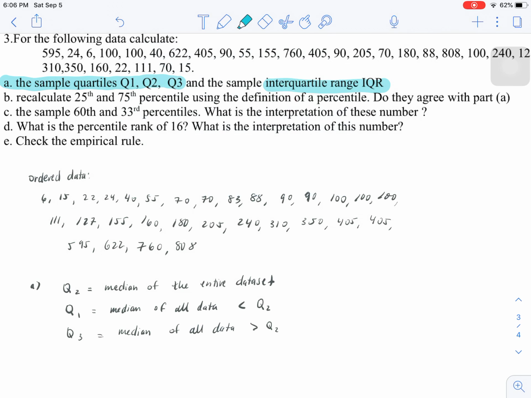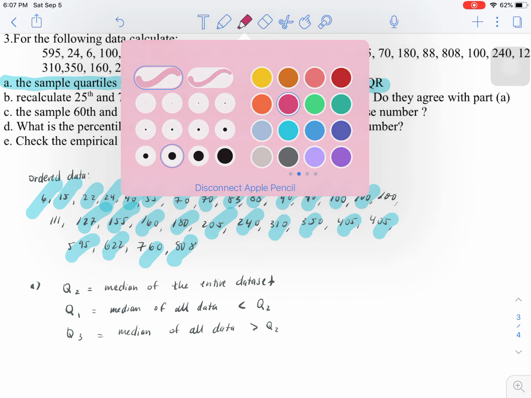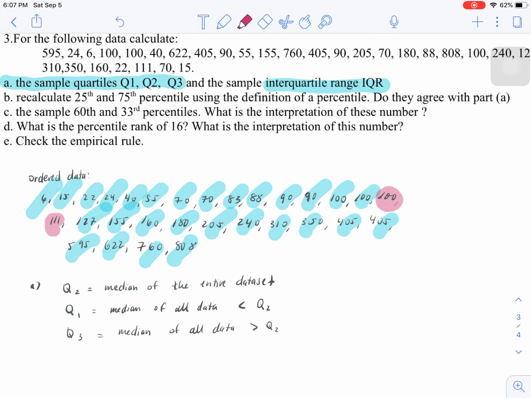To do that, I'm going to cross off data points, 1 from each side, until I get to the data points in the middle. Cross these off. Almost there. And you'll notice that there are actually 2 data points in the middle.